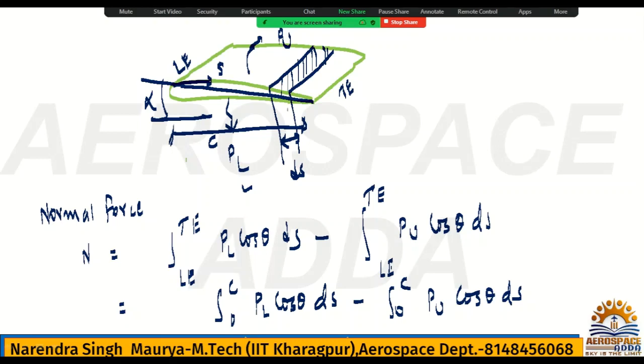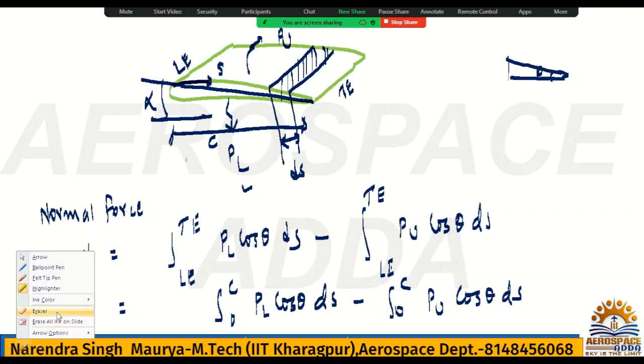I told you this is the elemental length along the surface S, and you had taken the ds element. If you focus on this small triangle, this is ds, and this angle is theta.